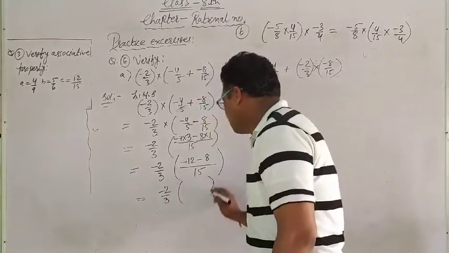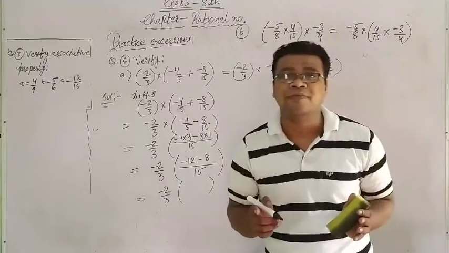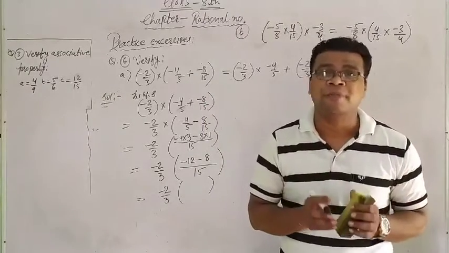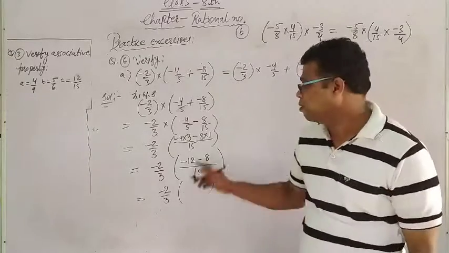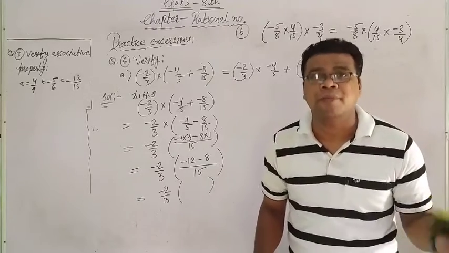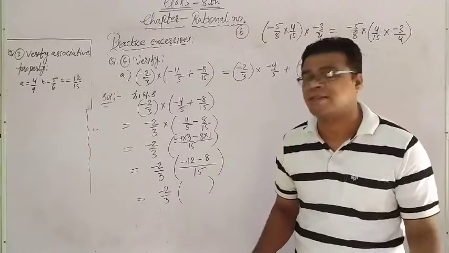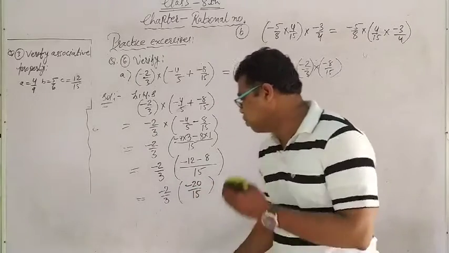Look here, both are what? Negative integers. Negative integers means same category. Same category means we add them with their sign. 12 and 8, 20, minus 20, because both are negative integers, both are minus things. So minus 20 upon 15.